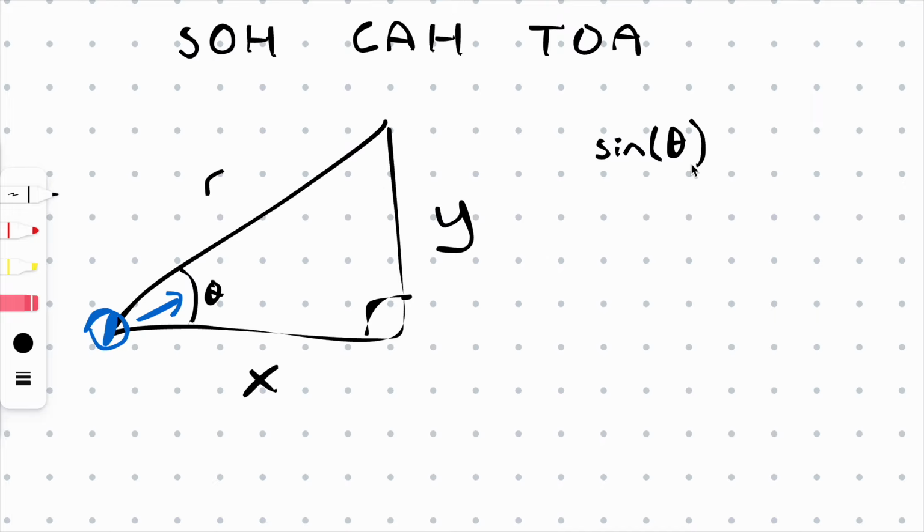So opposite is y over hypotenuse, which is r. Now for cosine of theta, that's going to be equal to adjacent over hypotenuse, adjacent is x, over hypotenuse, which is r. So x over r, okay?